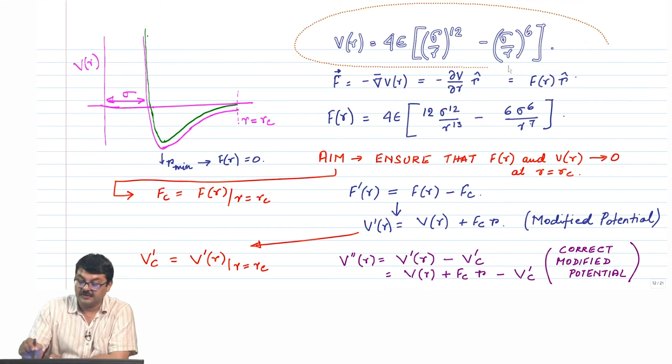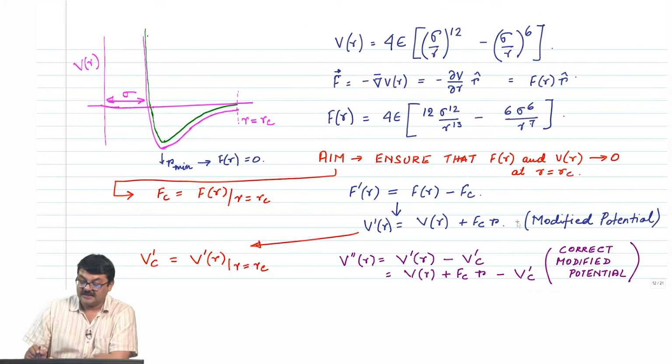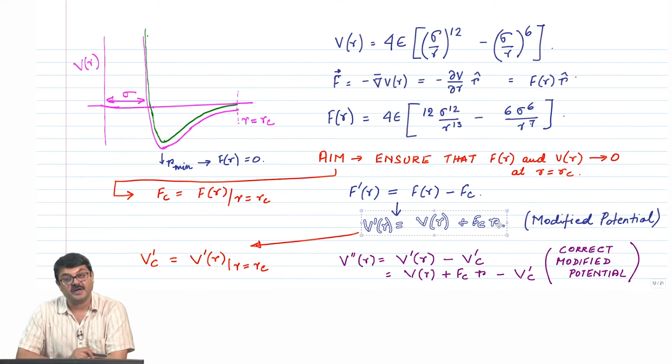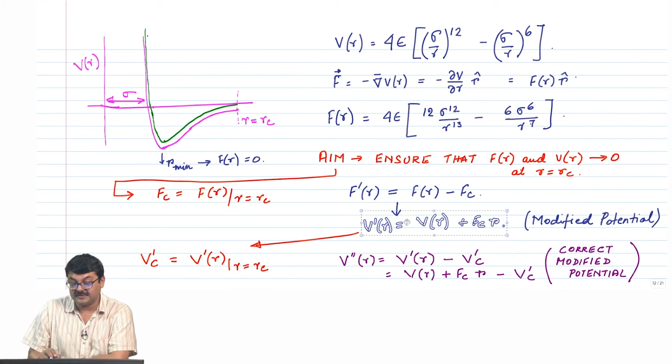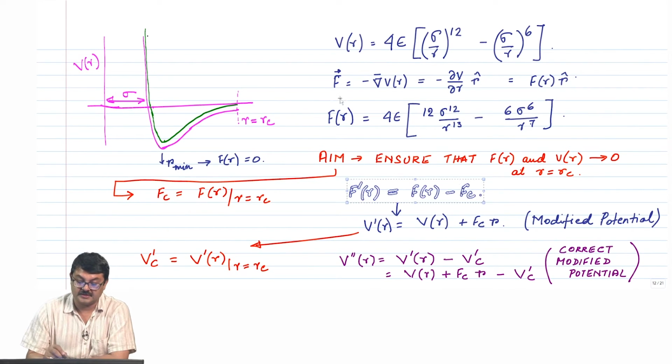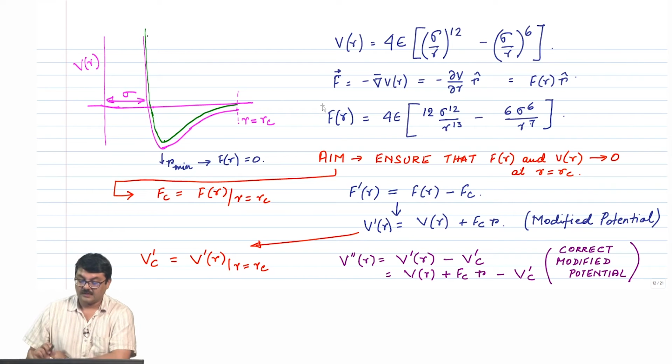Instead, you have a modified potential V dash r, which, if you do the proper integration, is V of r plus f c r. Now, if you take the derivative of this quantity, you will get this expression for the force, which I am suggesting that you choose as the operative definition, the slightly modified expression for the force instead of just this f of r, right.